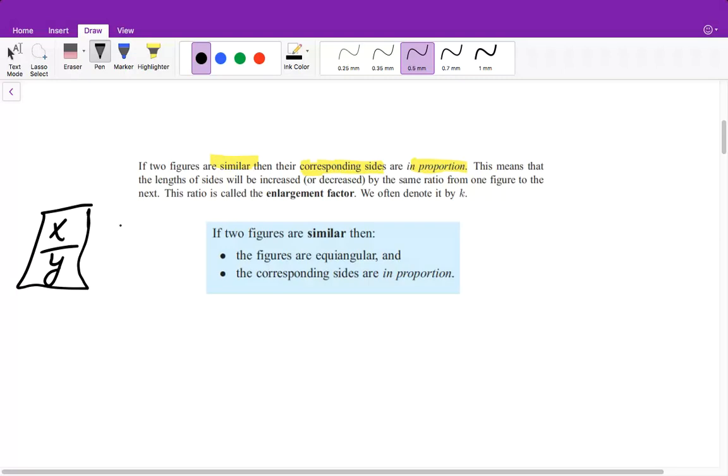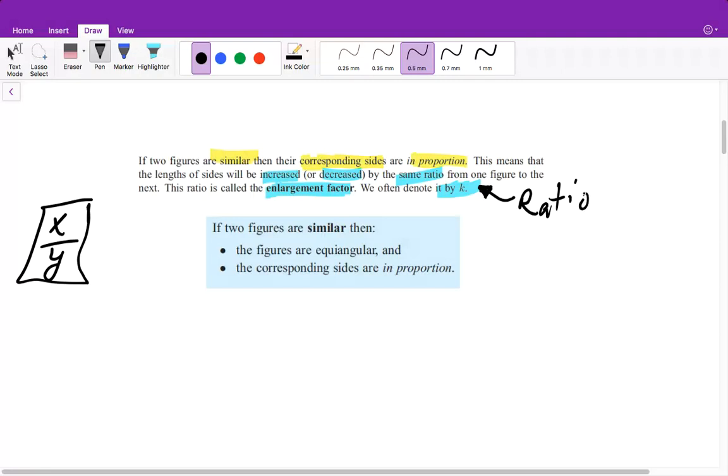This means that the lengths will increase or decrease by the same ratio, and we denote that ratio by the letter K, and it's called our enlargement factor. It's important that you know this letter K because in our next section, we are going to say what K is equal to, and we're going to use that to solve some questions. So it's important that you know that K is referring to the ratio of our triangles that are similar.